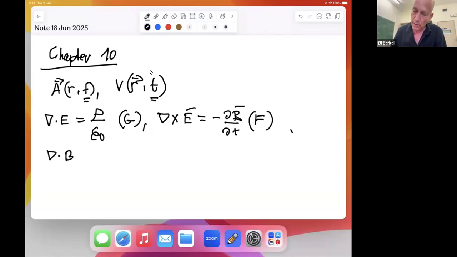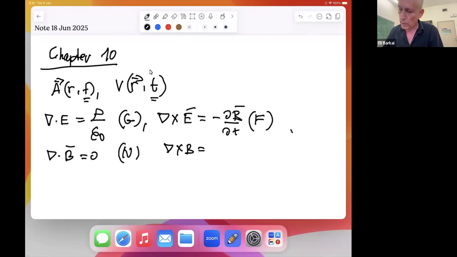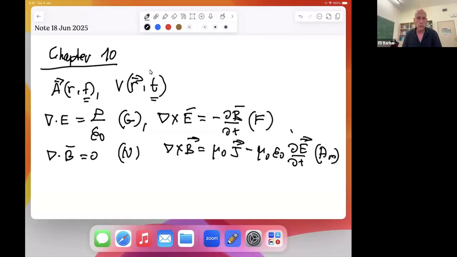I'll call this one N because it says that there are no magnetic monopoles. And the last one is, of course, the Ampere law, which was corrected by Maxwell, with the term minus mu0 epsilon0 dE/dt. The whole set of equations is called Maxwell's equations, but the last one I'm going to call Ampere's law.